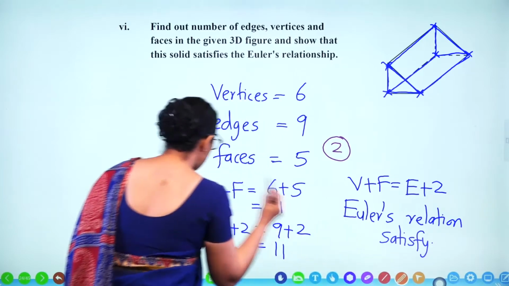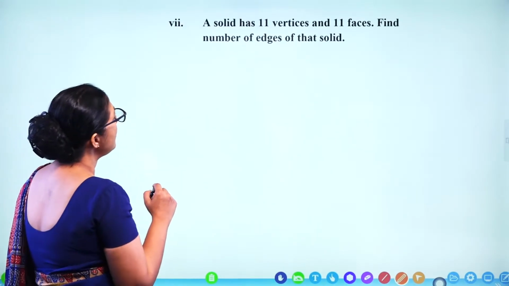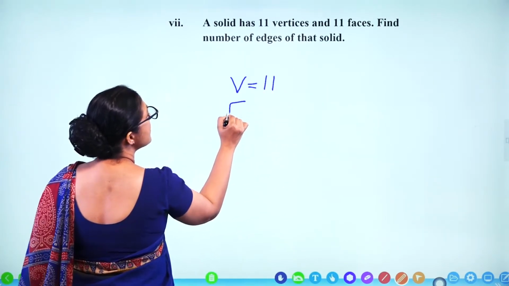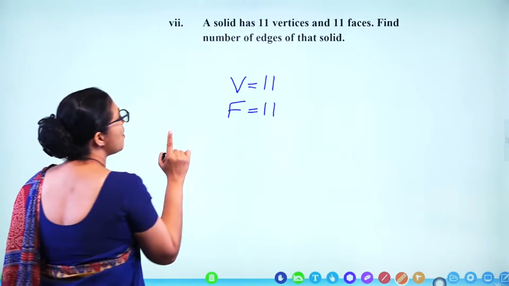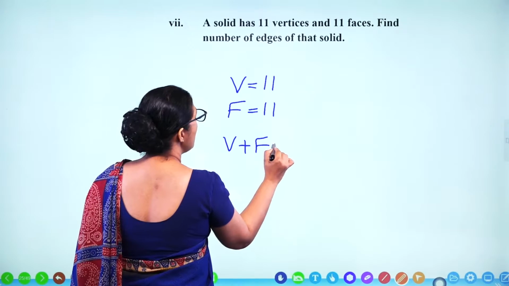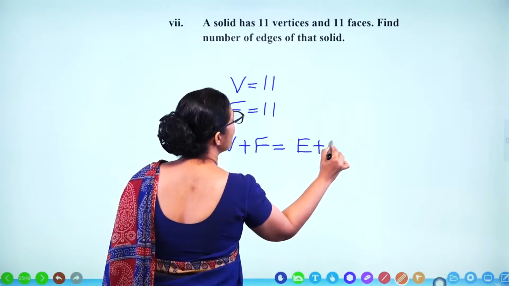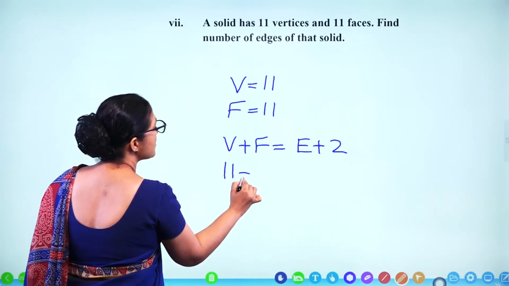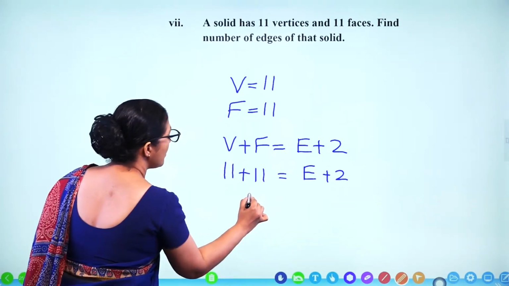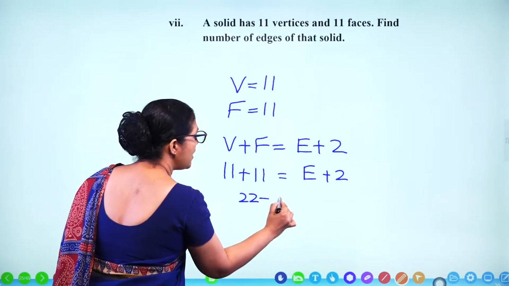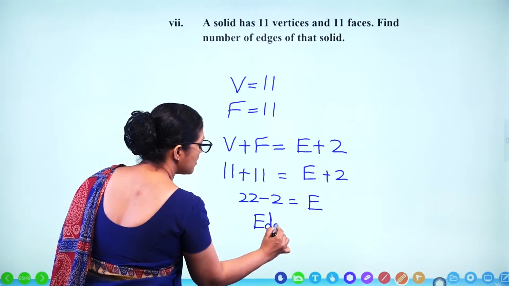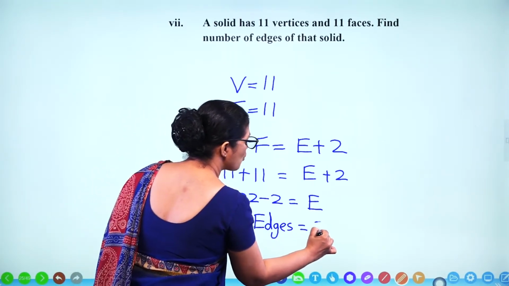Let's take the last part. A solid has 11 vertices. Vertices 11. Faces also 11. Find the number of edges of that solid. So according to Euler's relationship, V plus F is E plus 2. Substitute the values: 11 plus 11, E plus 2. You get 22. Then minus 2, you get edges. So edges are 22 minus 2.